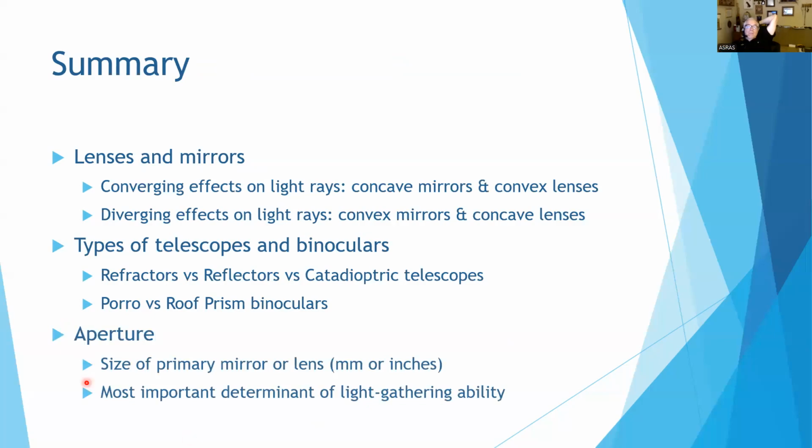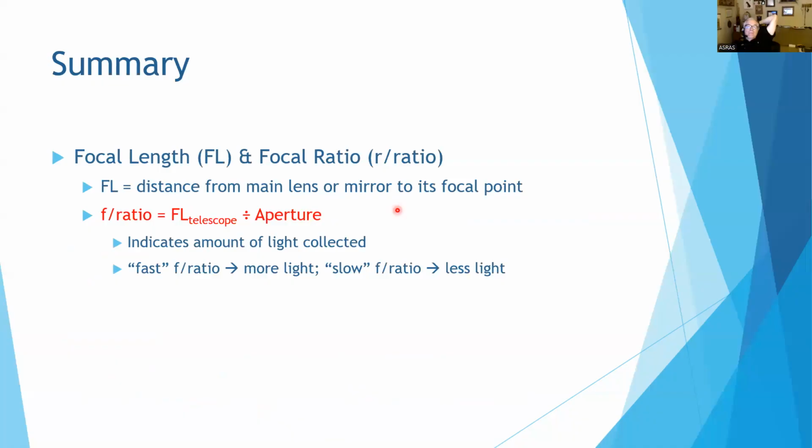We've reviewed the primary effect of aperture as a determinant of light gathering ability of your instrument. We defined focal ratio as the focal length of the telescope divided by aperture, indicates the amount of light collected. We've distinguished between fast and slow F ratios.